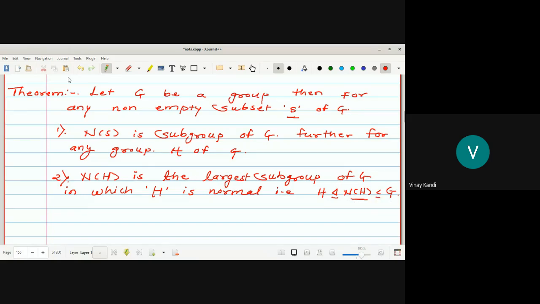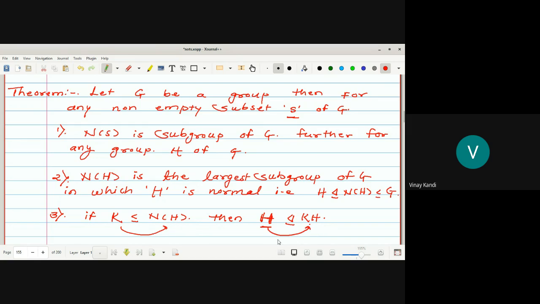And the third one: if capital K is a subgroup of the normalizer of H, then this H is normal in KH, the product of two subgroups.